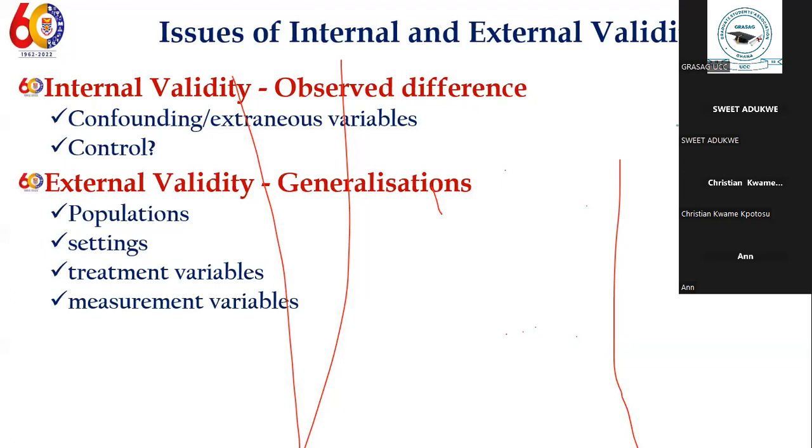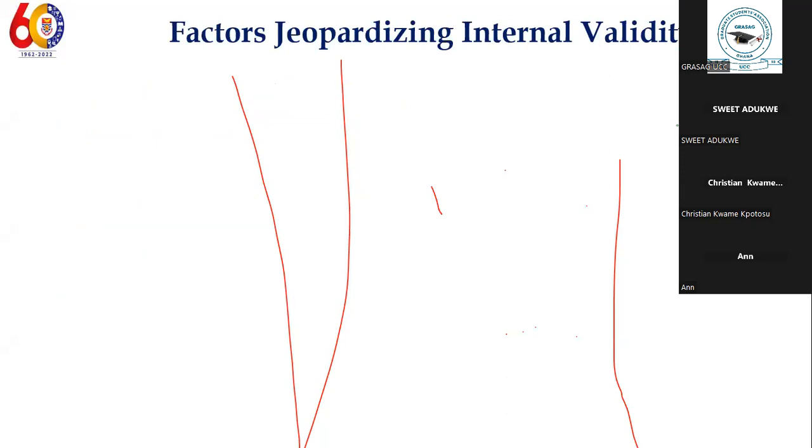If that question lingers, then what are some of those factors that affect this? The first one is history. And history talks about the events that are occurring between the first and the second measurement, so your pre-test and your post-test, in addition to the experimental variable. This might affect your measurement.